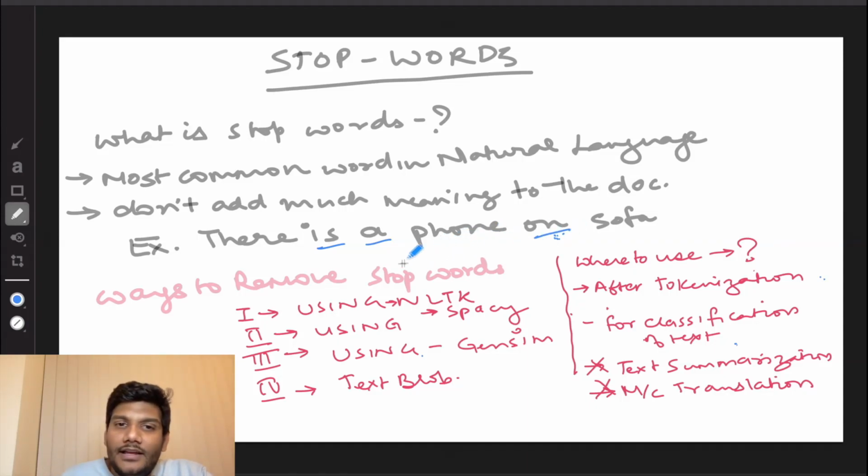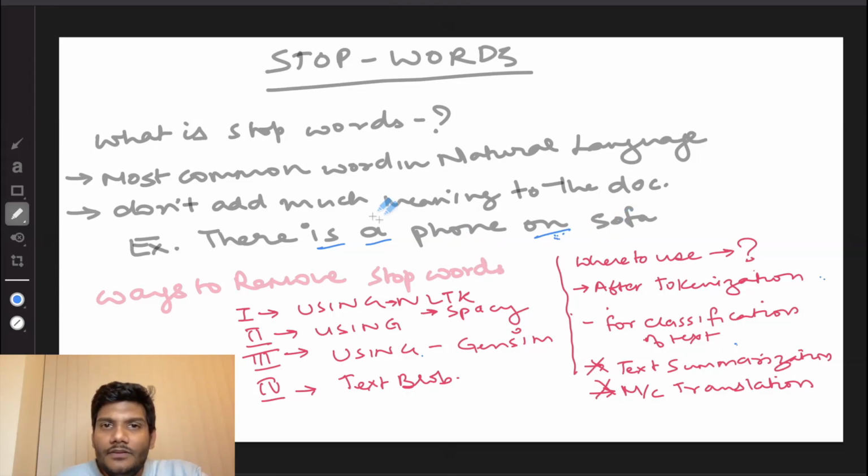So this sentence is basically comprised of the stop words, which can be removed because they are not adding much meaning to the overall context of the sentence, and the main words. And while we are solving any classification problem using NLP, we should be focusing on these main words.